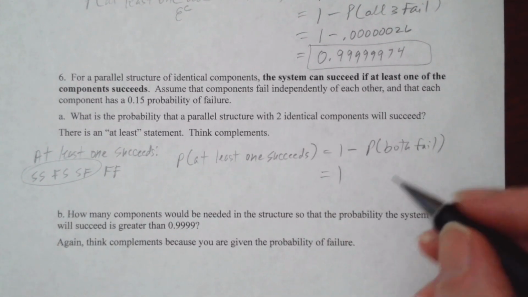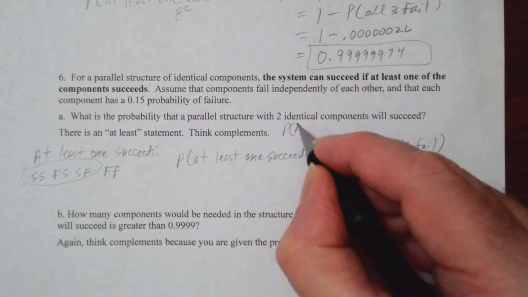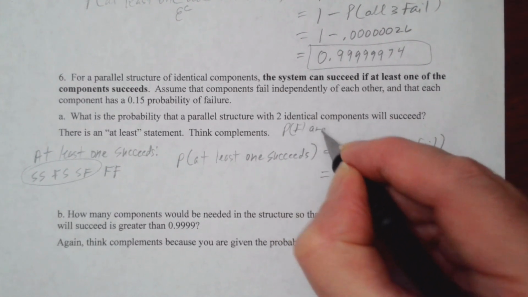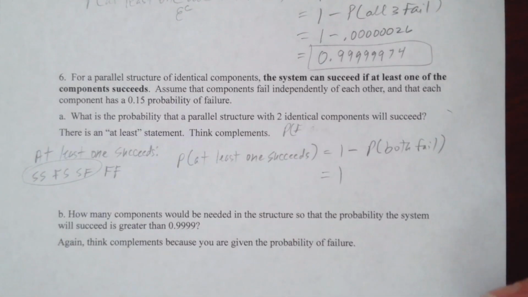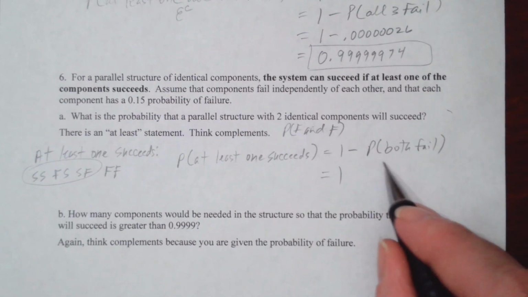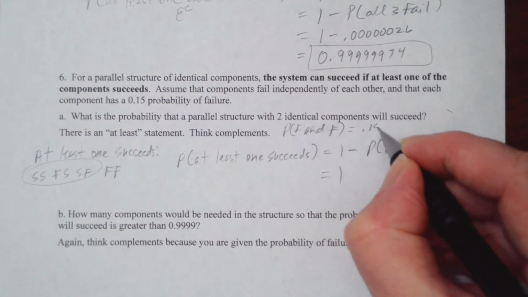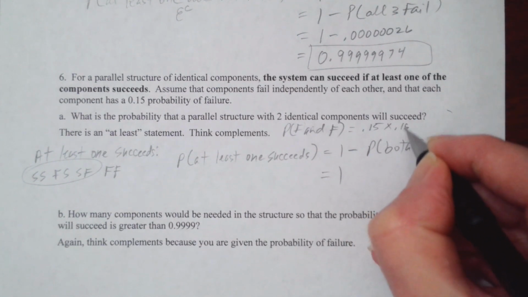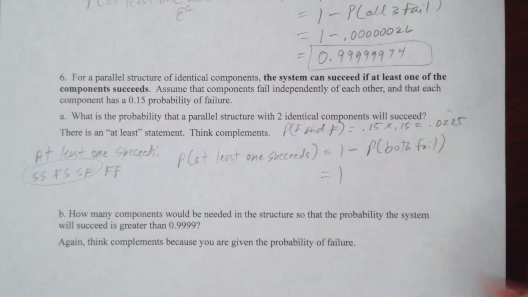Well, we need to find the probability of fail and fail. We need to know the probability they both fail. Well, that would be 0.15 times 0.15, which is 0.0225.